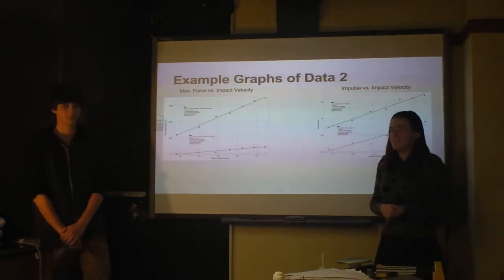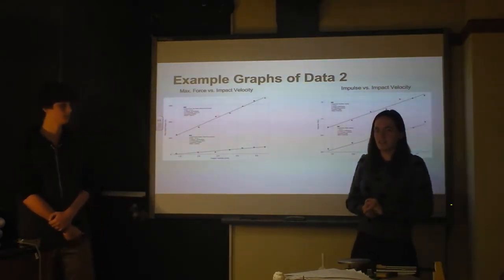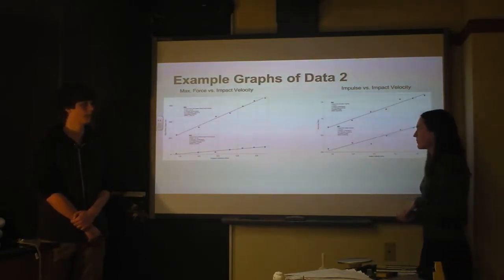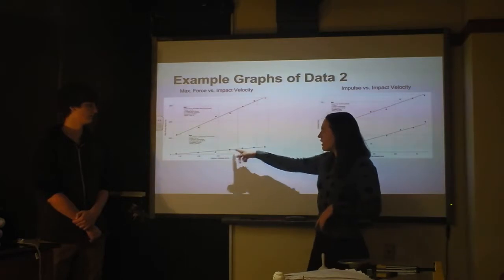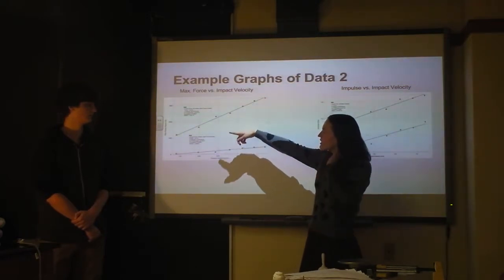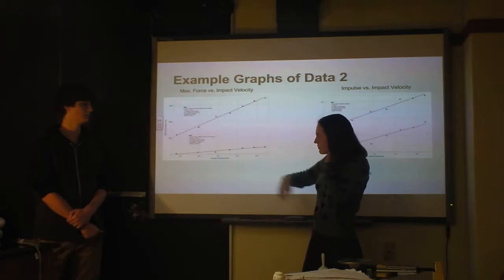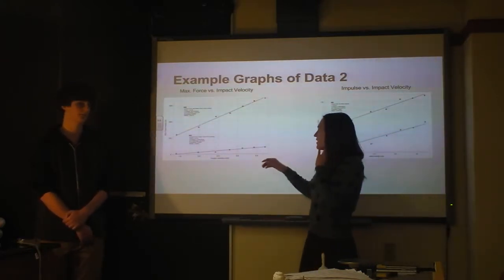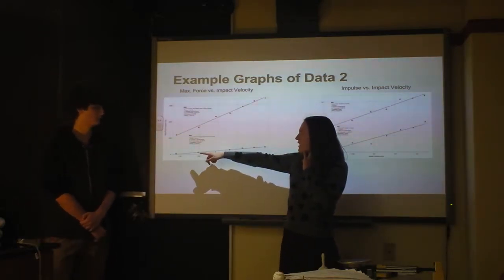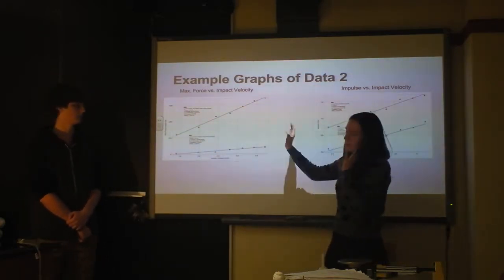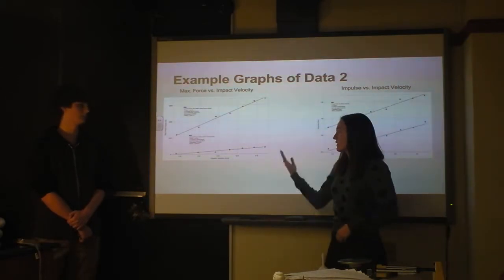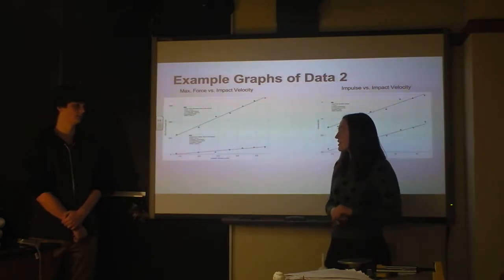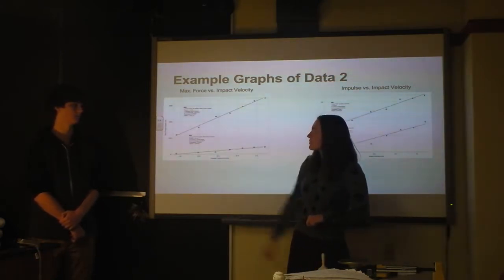So it seems linear, but I think we need more data to really see what the correlation could be. Here, the blue is impact on water, and the red is impact on the solid. I got impact velocity by doing kinematics from the height of the drop. And this one has a smaller slope because the impact force on the water was going up by less compared to the solid.